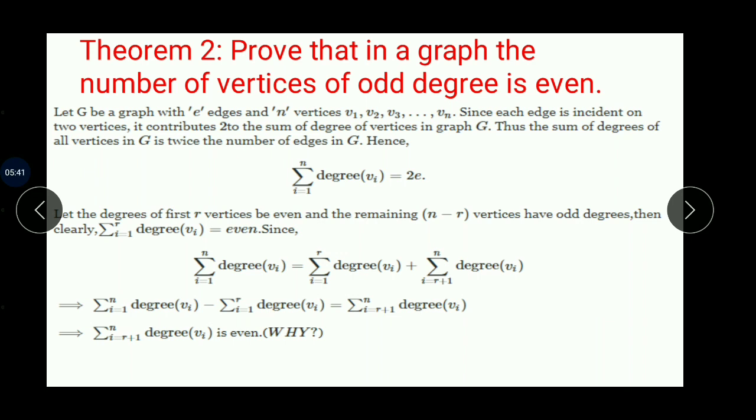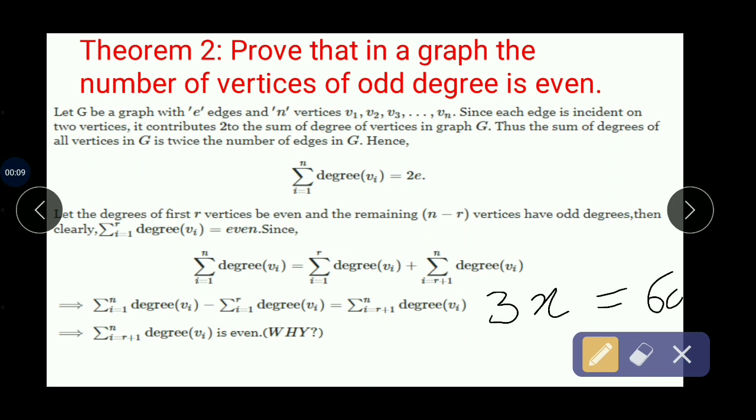And each degree of Vi is odd, because we have taken this summation over the odd degree vertices. So odd number times something equals even, which means that something is even. If I take 3 times x equals 60, 3 is an odd number, x I don't know, 60 is an even number, so x will be 20, which is even.